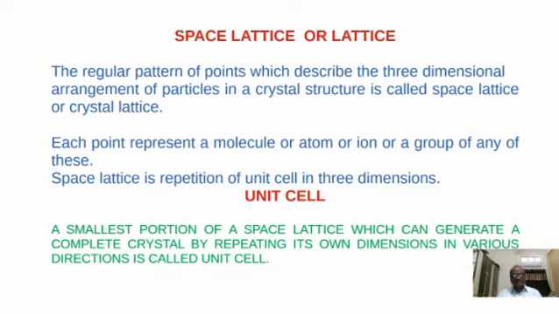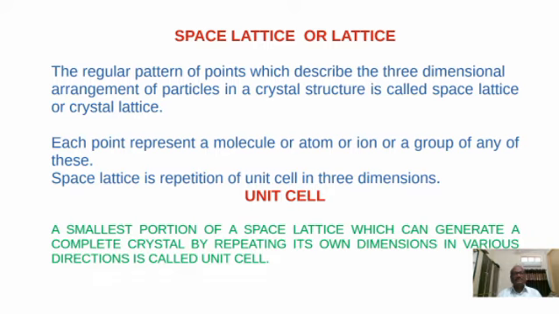In crystalline solids, the constituent particles are arranged in a regular, definite three-dimensional fashion. So the arrangement of particles in a regular three-dimensional fashion in space is called space lattice or lattice.